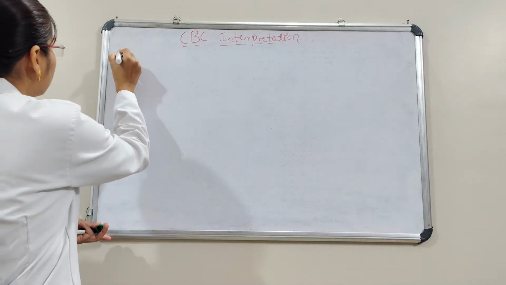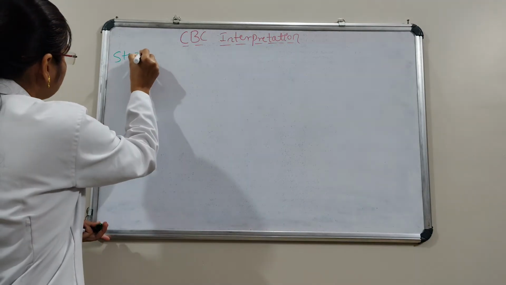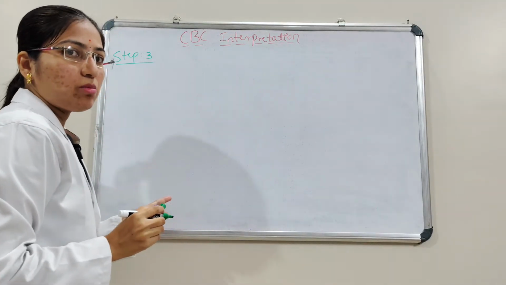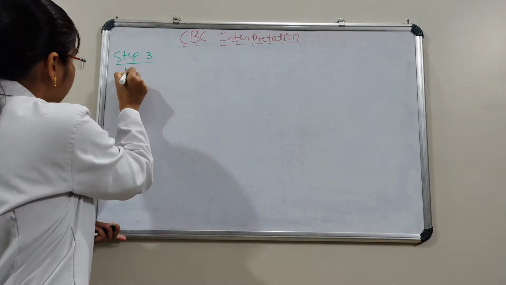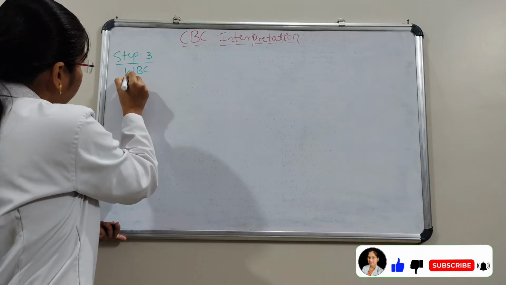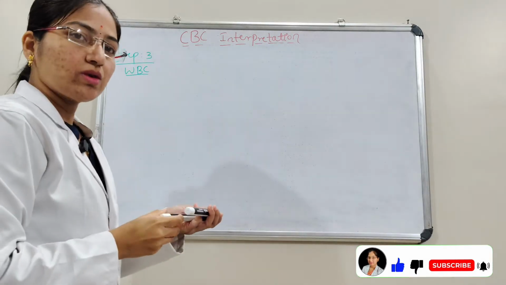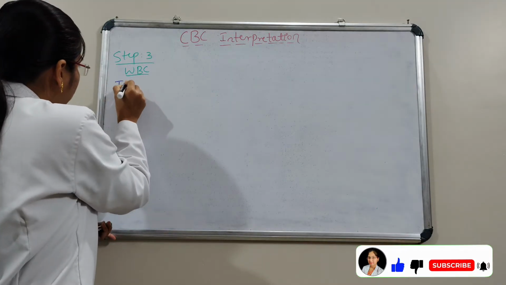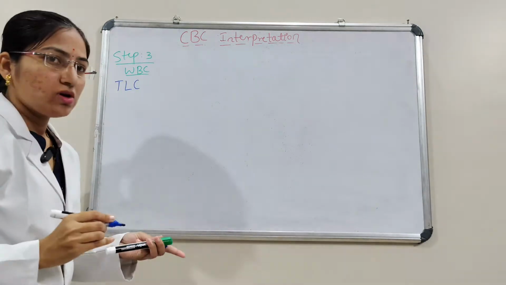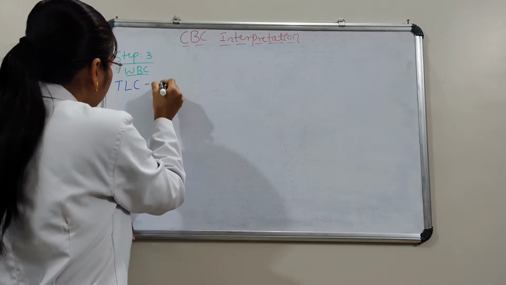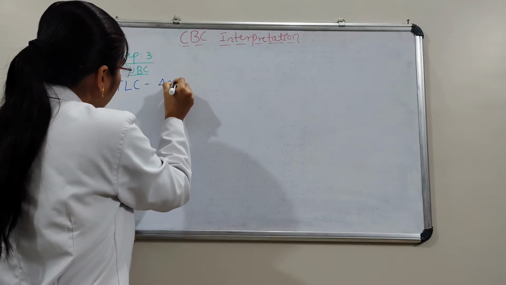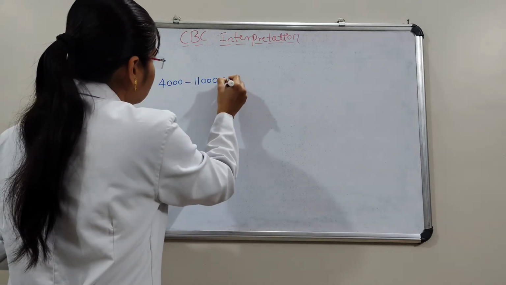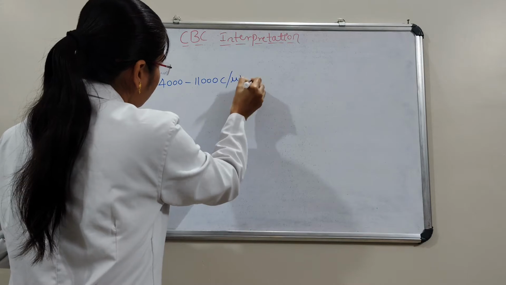Here is the third step. Here we are going to see about WBCs, the total leukocyte count, TLC. The normal level of leukocyte count is 4,000 to 11,000 cells per microliter.